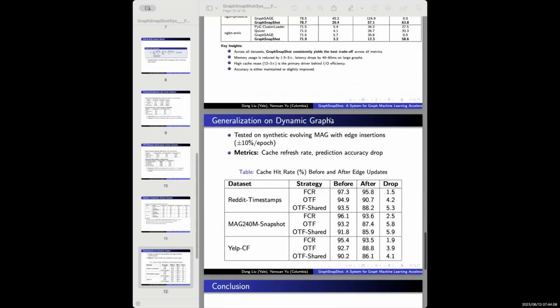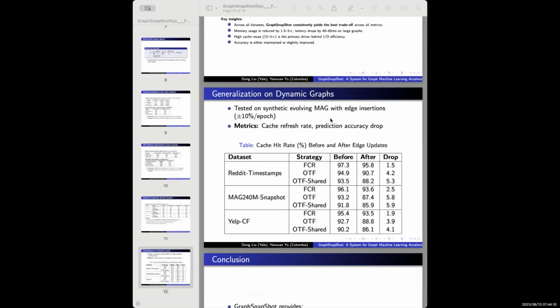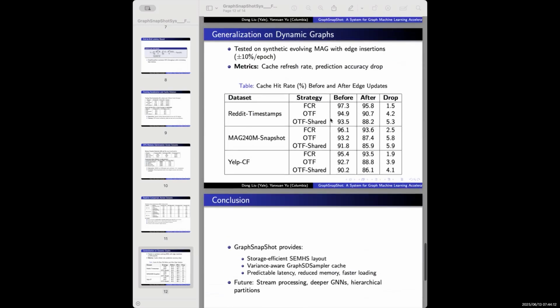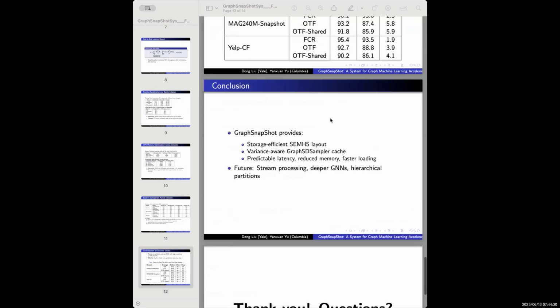We also do experiments on dynamic graphs, and it shows that our cache hit rate is very high, and it can reduce memory and accelerate the training and inference process significantly.